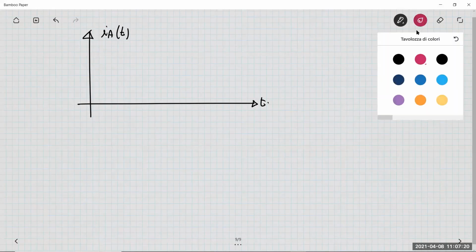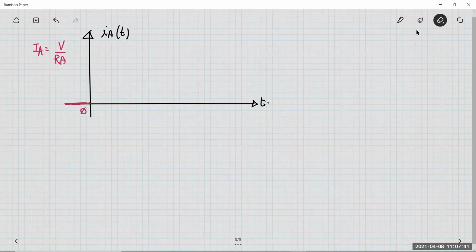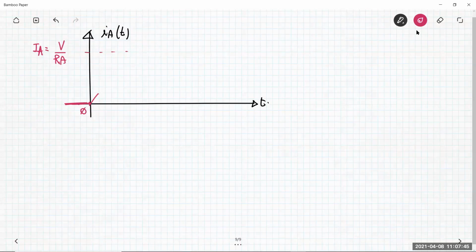The current was 0 before the time instant 0, then the current goes to V over RA, which is IA at infinity. Let me call this IA, the static current flowing to the phase. So you have something like this.